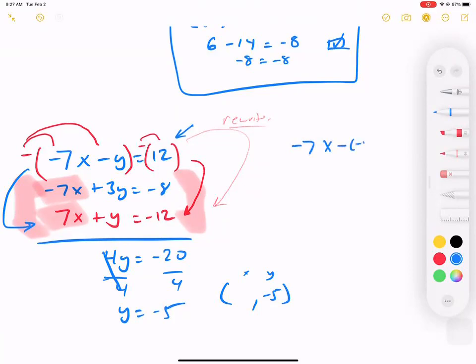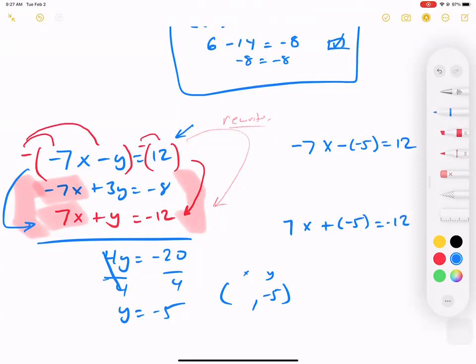minus y equals 12. You could have chosen our new version, 7x plus negative 5 equals negative 12. I'm going to show you guys, whichever version you choose, it's okay.